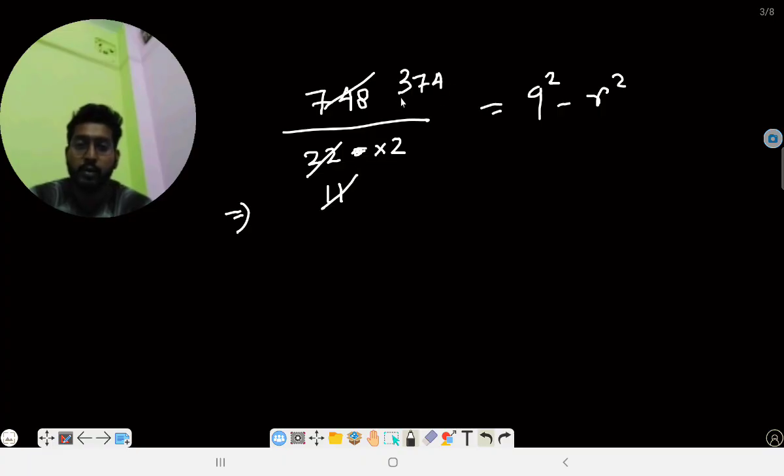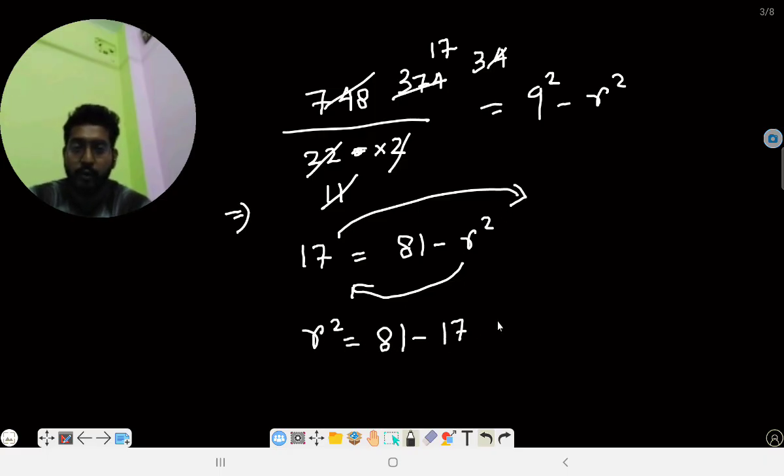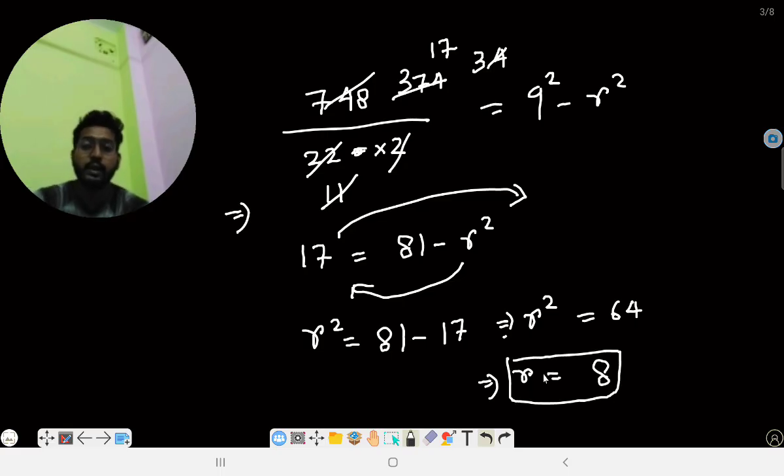Now by 11 it will be 34, and by 2 it will be 17. So that means 17 equals 81 minus r square. Now r square will go there and 17 will go there. That means r square equals 81 minus 17. So small r square will be 64. So r will be root of 64, that means 8. So the internal radius is here 8.